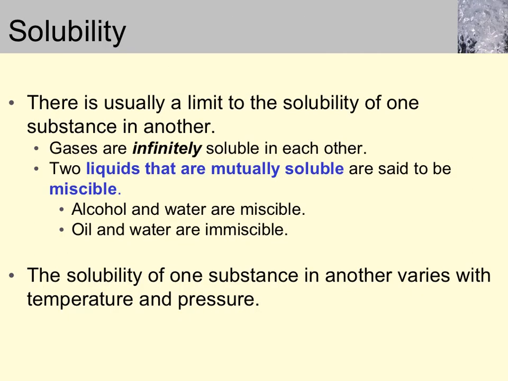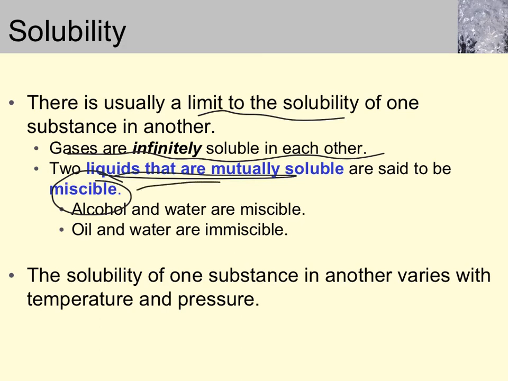As I mentioned earlier, gases are infinitely soluble in each other, and so they're an exception. Everything else has a limit to the solubility. There's a special vocabulary word when you're referring to two or more liquids that are soluble, and that is miscible. That C is silent.